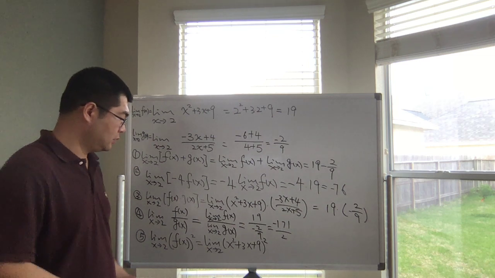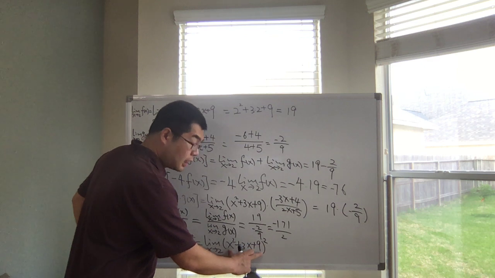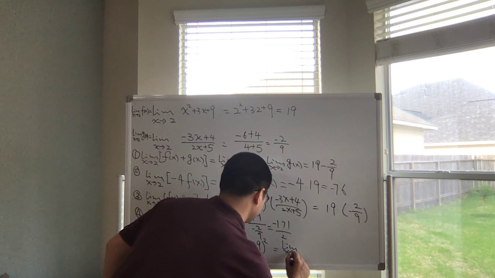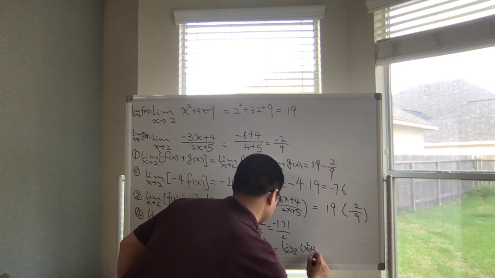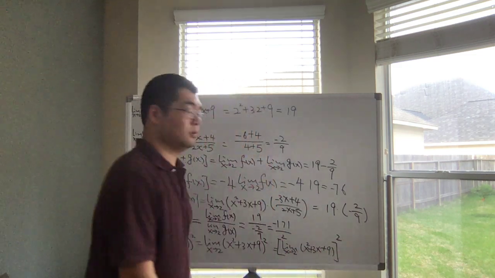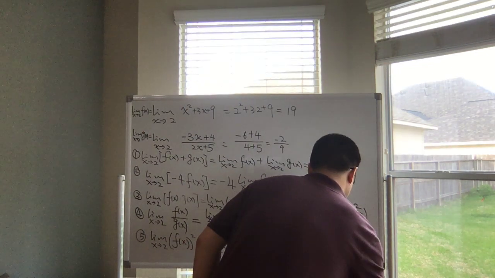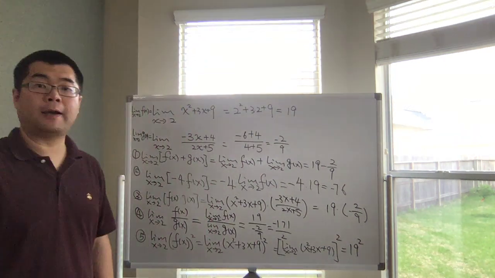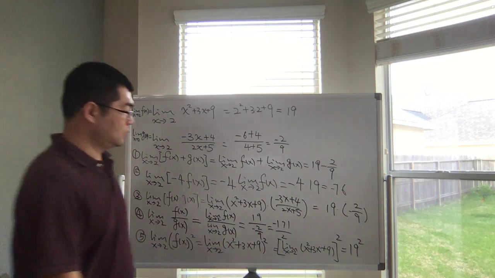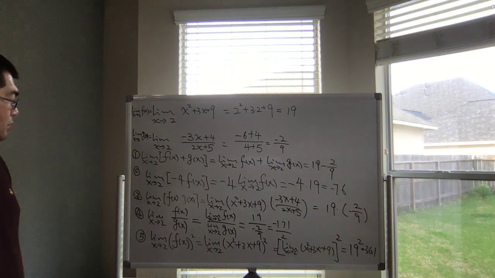Based on what we learned, the limit of something squared equals the limit of the inside function, then squared, which is the limit as x approaches 2 of x squared plus 3x plus 9, bracket, then squared. We already know this equals 19, so it's 19 squared. I believe that's 361. So that's number 5.